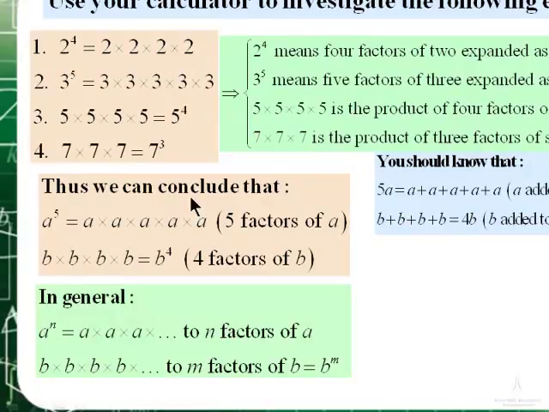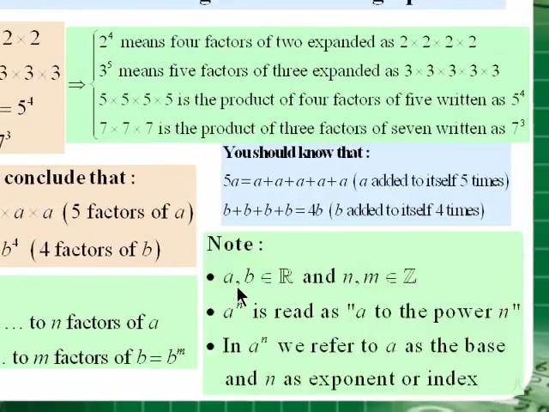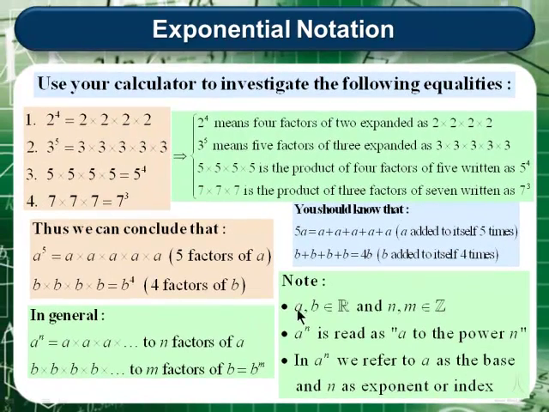In general, going back to the exponential notation, we can say that if we have a to the power n, we can expand this as a multiplied by itself n times. Or if you have the number b and you multiply it by itself m times, we can in short write this as b to the power m. So far, we consider numbers a and b.